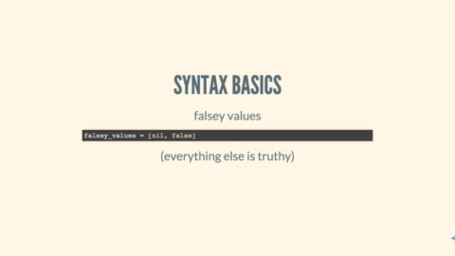Okay, so is 0 true or false? It's true. If 0 is true... So basically, conditionals can be used to say, does this thing exist at all. But if it's 0, that's true.